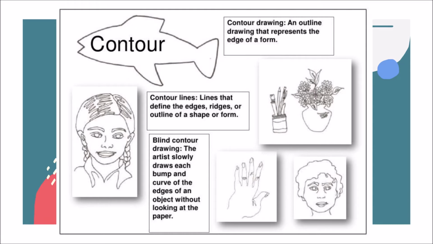There's no inner details. We can't see the eyes. We can't see the scales. This is just an outline. So a contour line is an outline, just like this person's hand. Very similar, okay? Not really heavy in detail, but we mainly see the outside lines of this hand, okay?